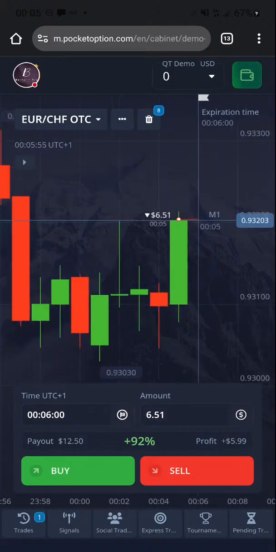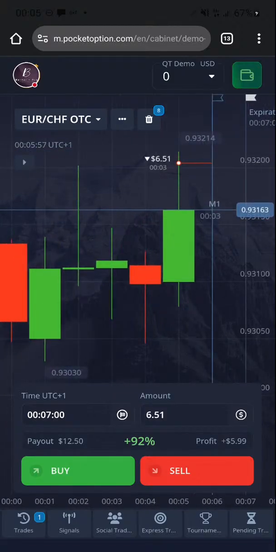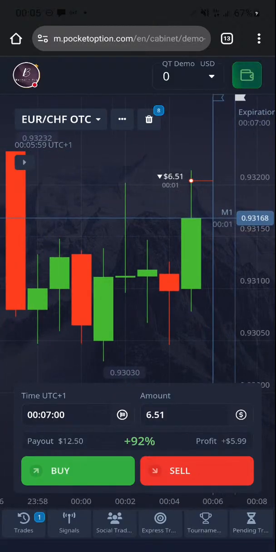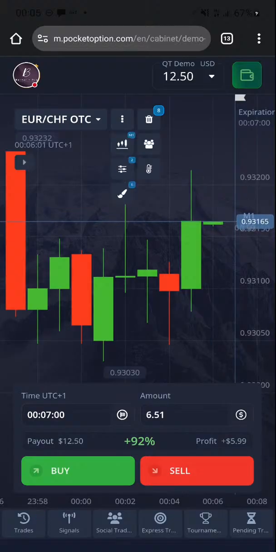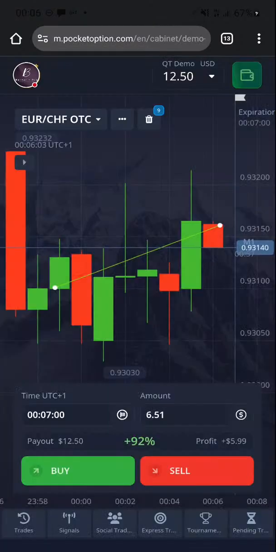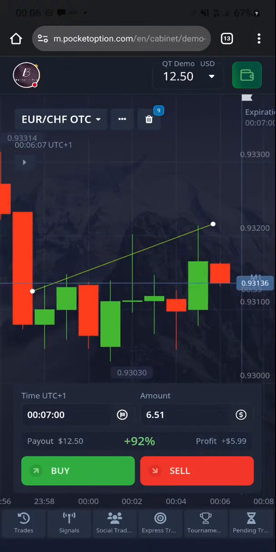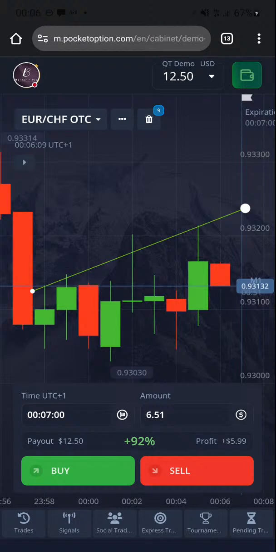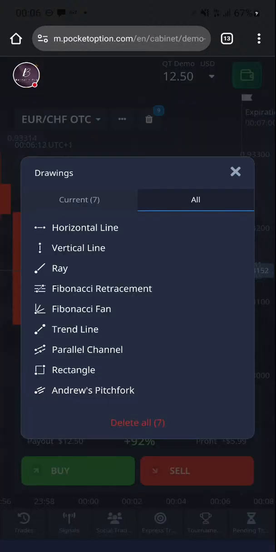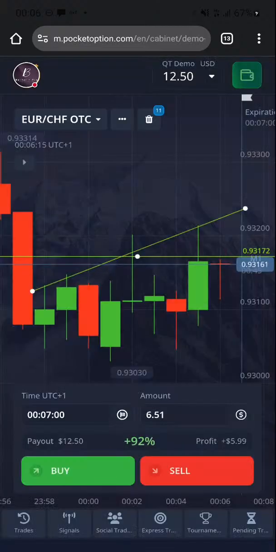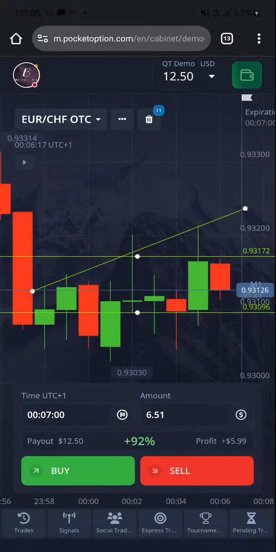Okay, that was a good one. So let's mark the common point of rejection, or let's mark the doji range. So this is the doji range.